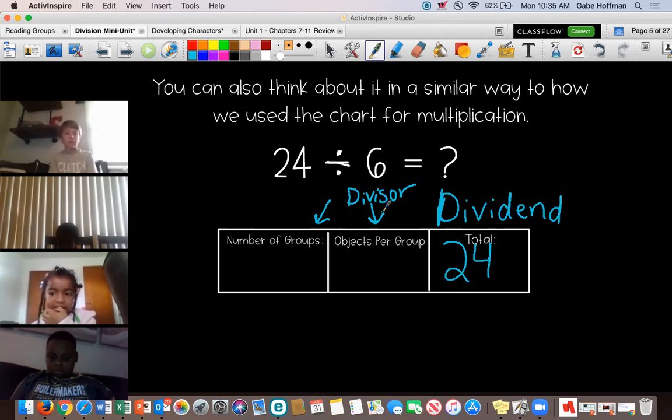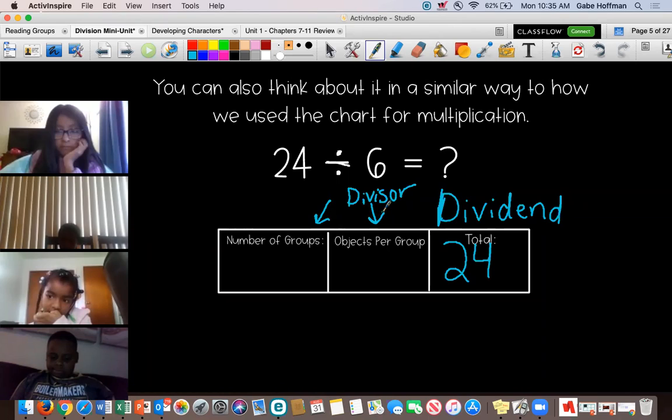When it is not a word problem, the divisor can go in either spot. Okay, so I'm gonna put it in the number of groups, okay?